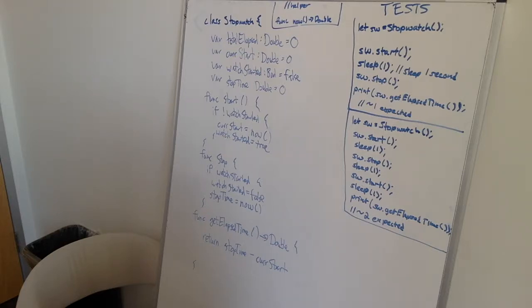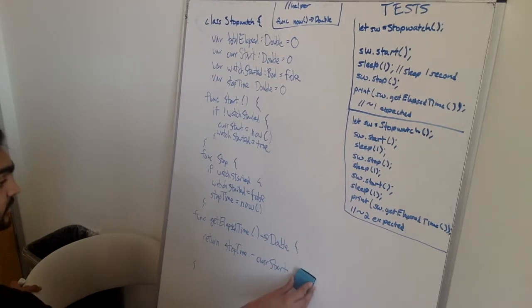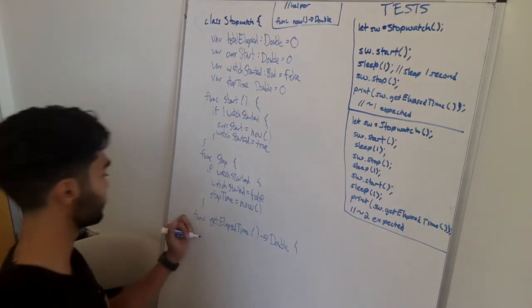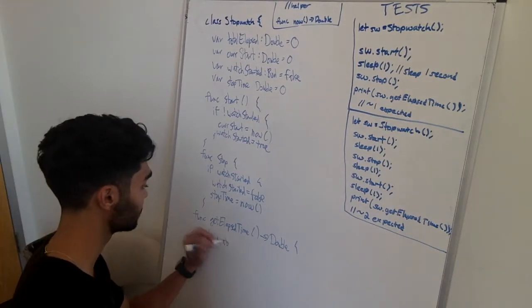And in the case that it was never started, oh wait, we don't have a stop time in this case. So we need to see if the watch is still started.